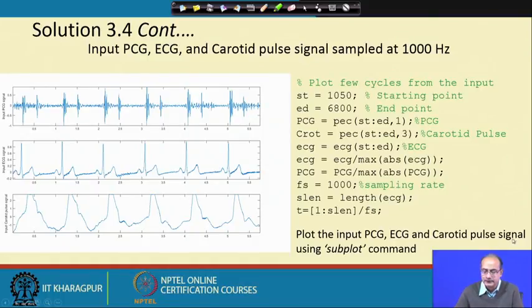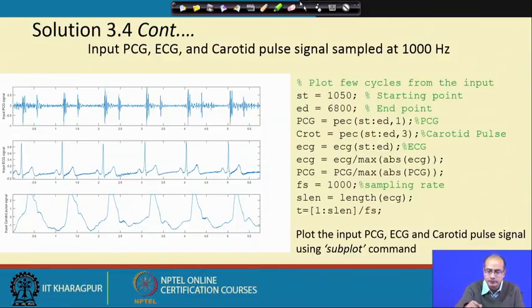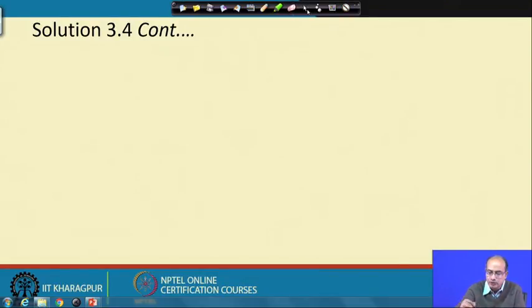Here we are taking a small part of the signal for the purpose of plotting, where the starting point and end point are given, so that we can have a better plot. And the sampling frequency, you know, is 1000 hertz. So, we have used that information to make a good plot here.